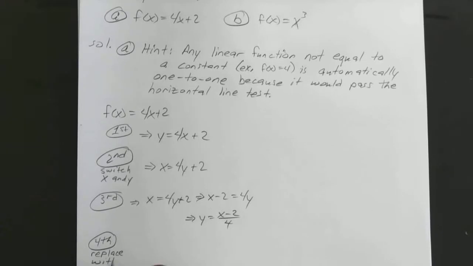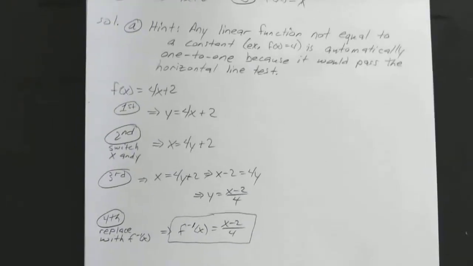So your fourth step is now you're going to replace that y with f inverse of x. So we know that f inverse of x equals x minus 2 over 4.